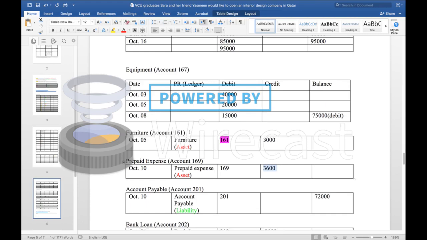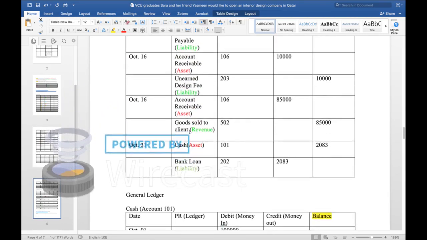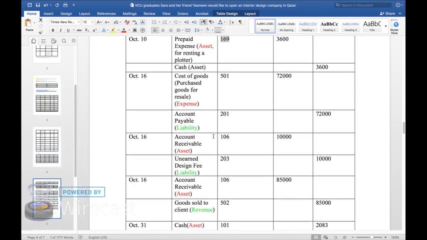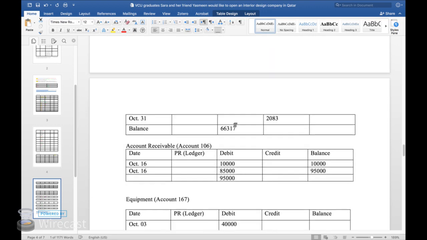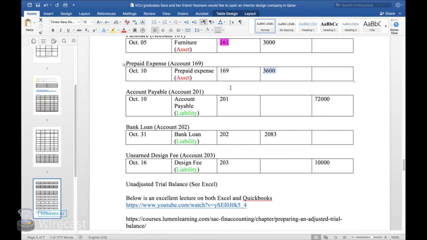So we recorded all the 100s. If you check, basically the 100s are our assets. We're done with our assets. Now we move on to the 200s: 201, 202, 203, which are liabilities.